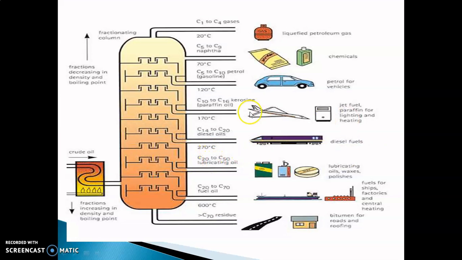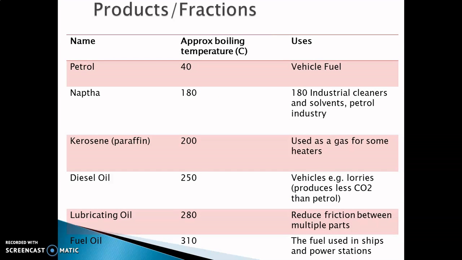Every fraction has a unique property and is used for a different purpose. This chart tells you the exact temperature at which petrol, naphtha and kerosene are obtained, diesel oil at 250, and each has a different application.